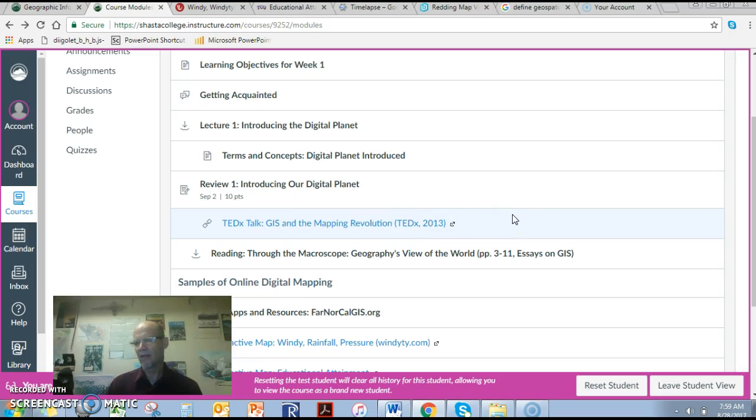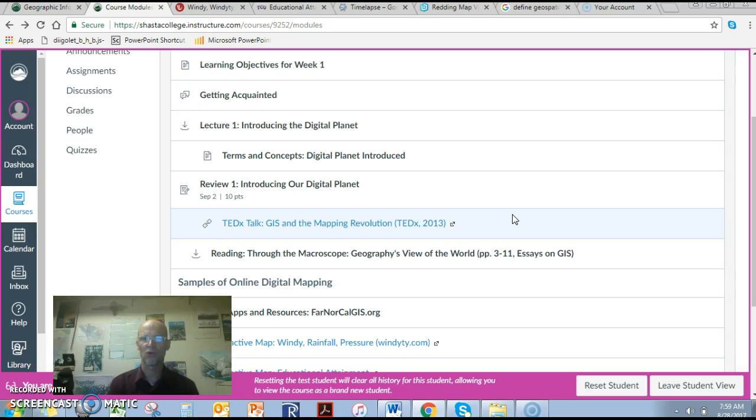Then we'll have 2 exams that'll make up 25% of the grade, as you go through the terms and concepts. And 25% of the grade is related to 2 assignments, and I'll post the first assignment in the next couple of days. Those will stretch out a little bit, and it'll get us into exploring some of the online geospatial technologies that are available today.